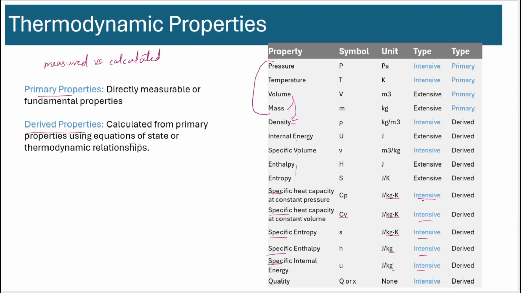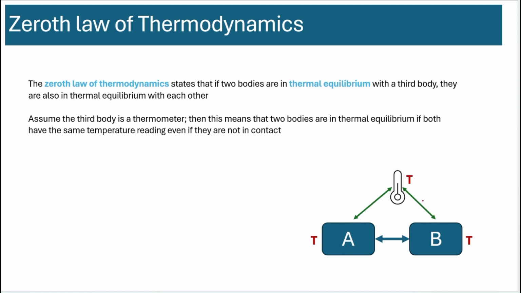All right. Now let's go to the thermodynamic laws. And the first law of thermodynamics is the zeroth law. The zeroth law is the law that defines thermal equilibrium. So what does thermal equilibrium mean here?